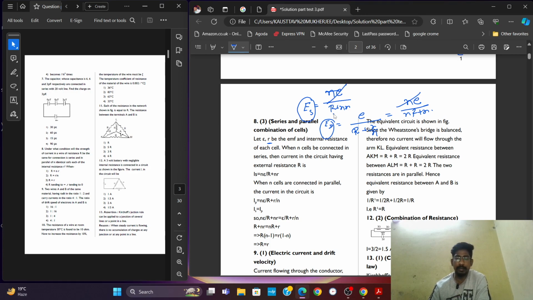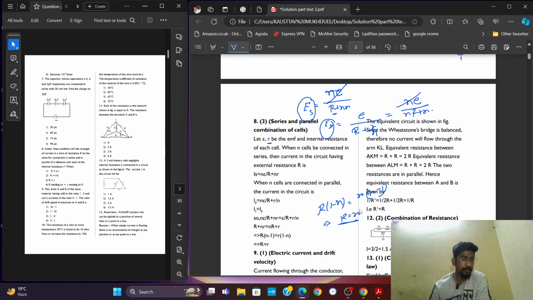R plus n r, that means R minus n r, that means R(1 minus n) equals r(n minus 1), right? So R equals small r, that is the final result. If the resistance of the circuit is equal to the internal resistance, then I series will be equal to I parallel.